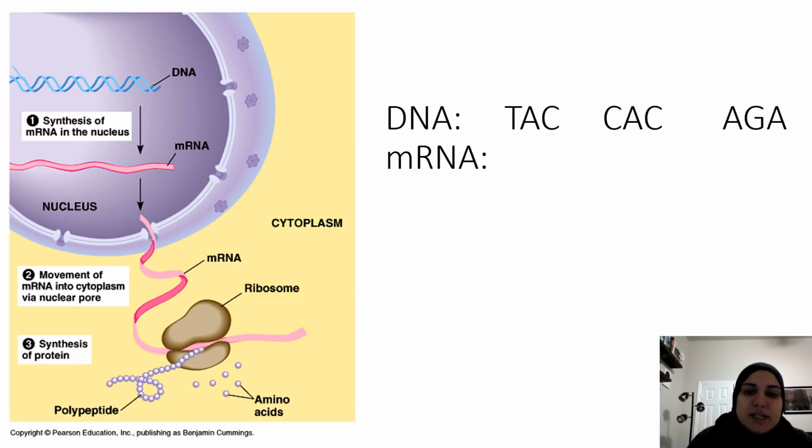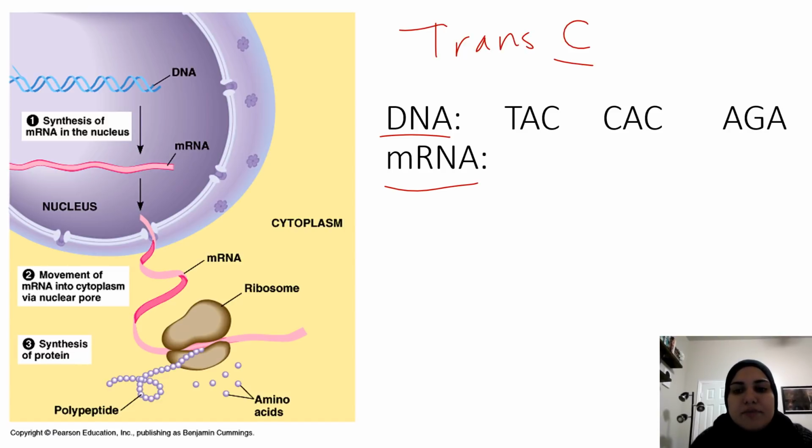So remember, ladies and gentlemen, this is DNA to mRNA, so I know I'm talking about transcription. The way that I do this is my DNA sequence, it will be the complement to it. So if I have a T, complement to T is always A. Complement to A, it should have been T, but RNA doesn't have T, it has U instead.